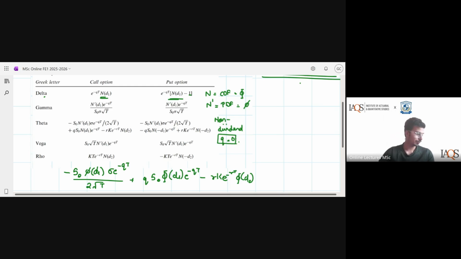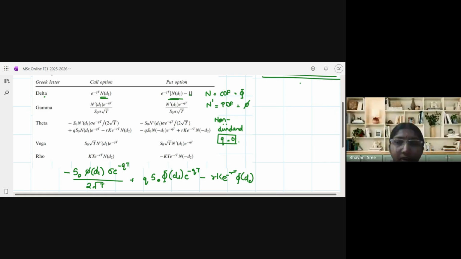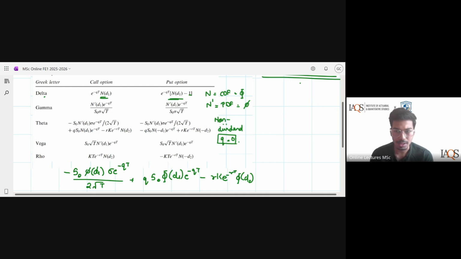Let me know once that's done. Follow this: D1 and D2, what we have here, is the one we derived. Wherever under Black-Scholes or under options you see D1 and D2, everywhere it means the D1, D2 that we derived.